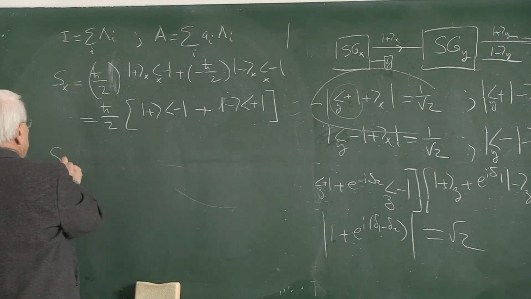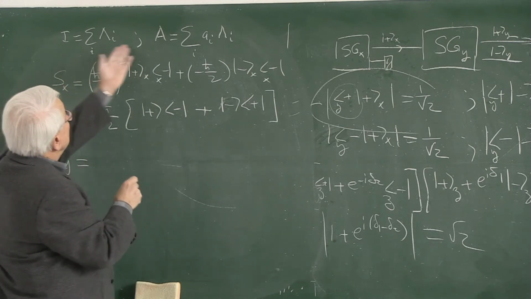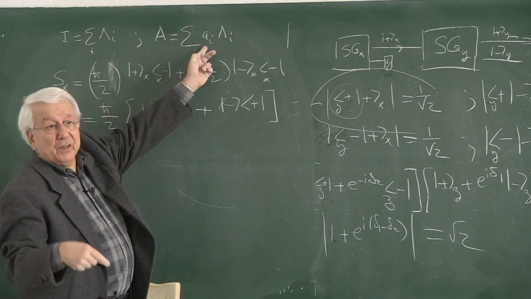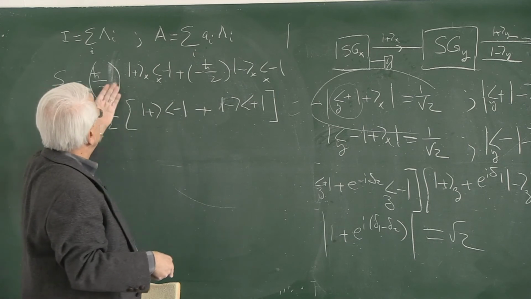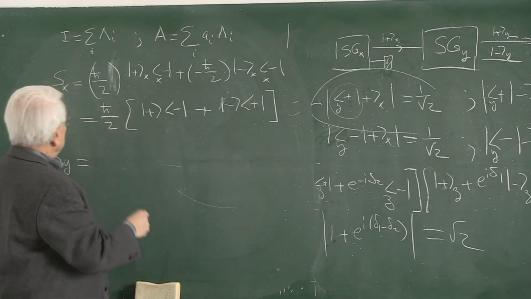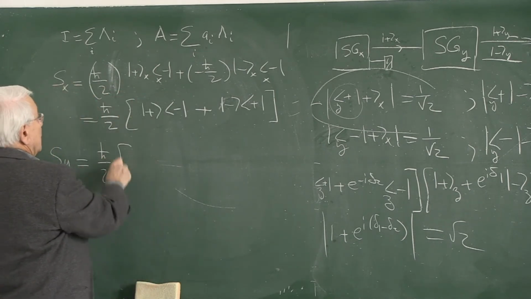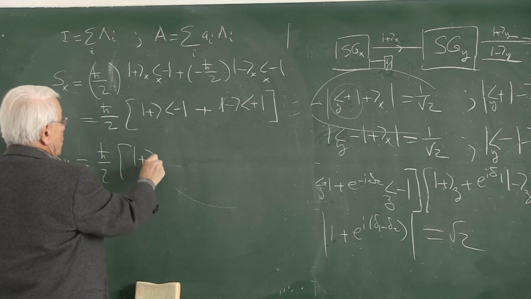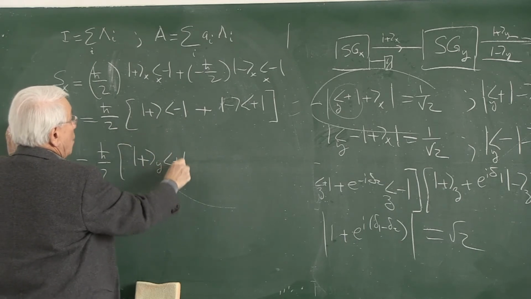And I repeat the same for the Sy. Using that theorem, h bar over 2 and minus h bar over 2 are the eigenvalues. This one will be h bar over 2 now, starting with plus y, plus y.